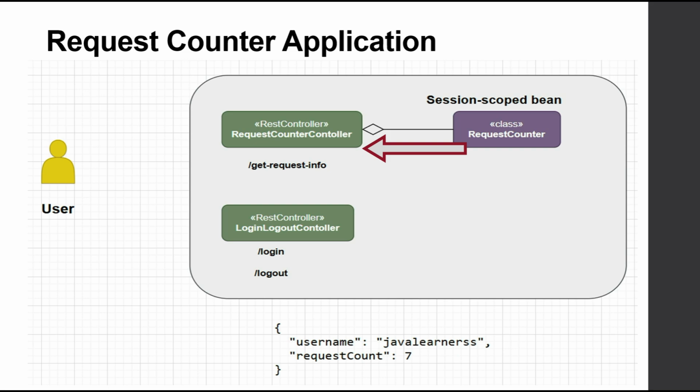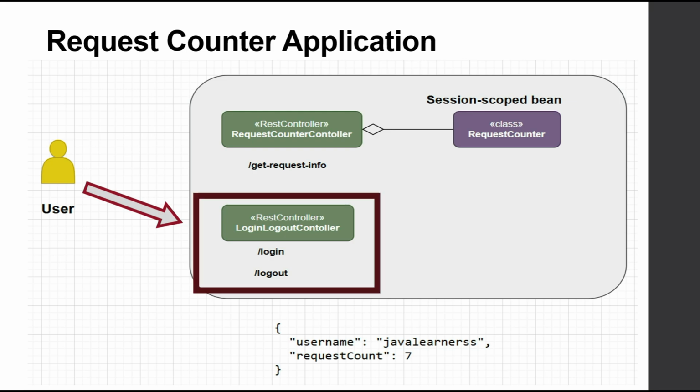The request counter bean is injected into the request counter controller. The request counter bean remains available throughout the session and it is destroyed when the session is invalidated or the user logs out. Let's understand the flow of the application.